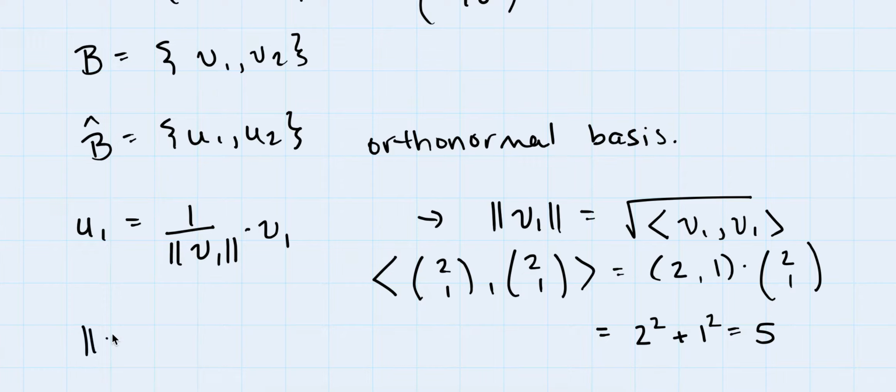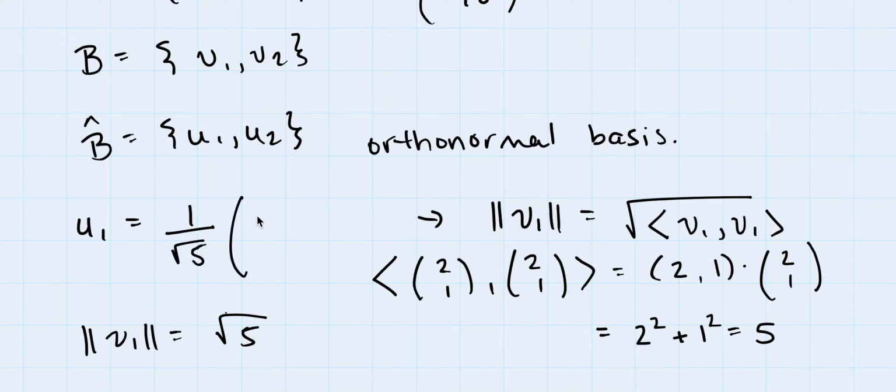So the length of V1 is root 5. So then U1 is 1 over root 5 times the vector 2, 1.